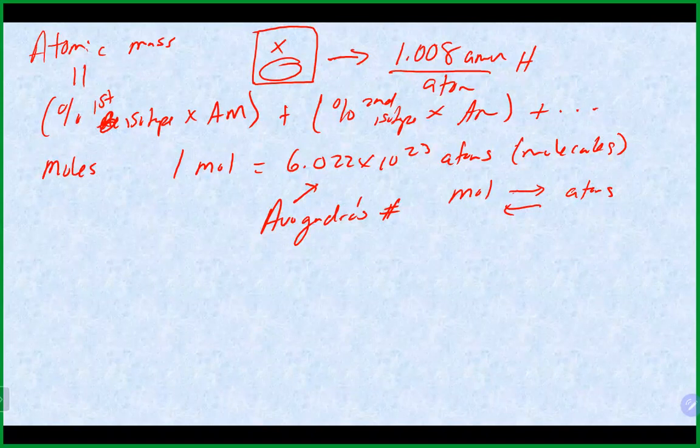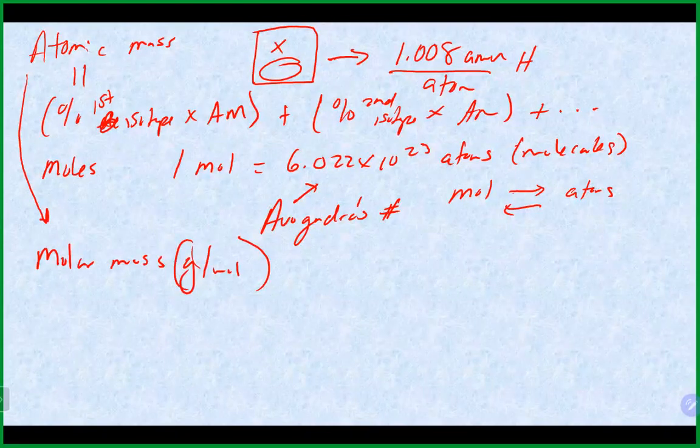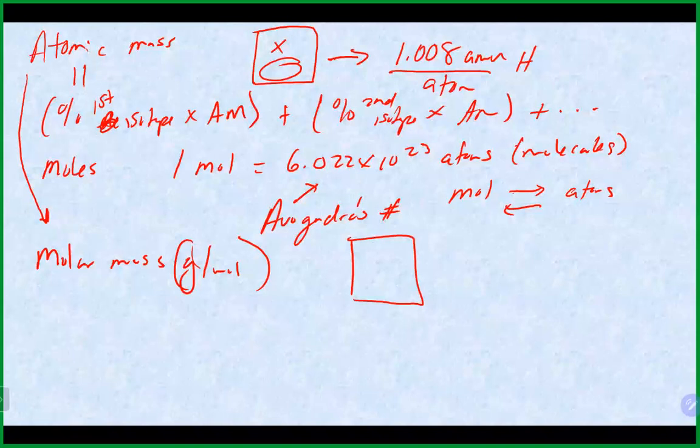The number that we do use a lot, and a better version of the atomic mass, is what is sometimes referred to as the molar mass. The units of molar mass are grams per mole, which is a more useful unit for us because a lot of times we do end up with mass in grams. We can also pull off that number from the periodic table.